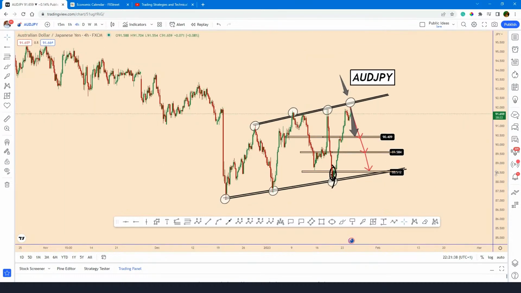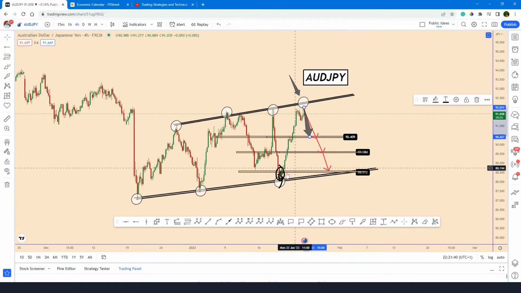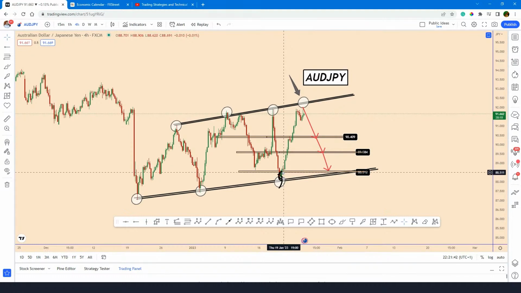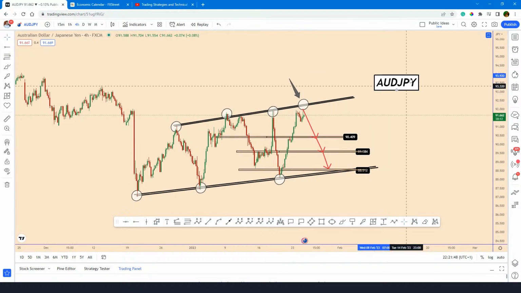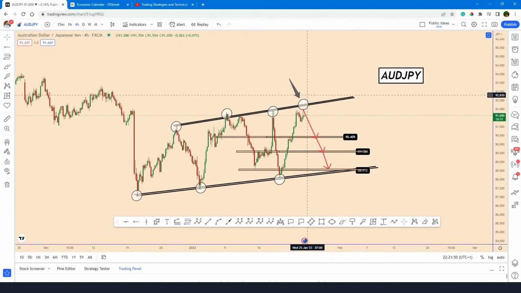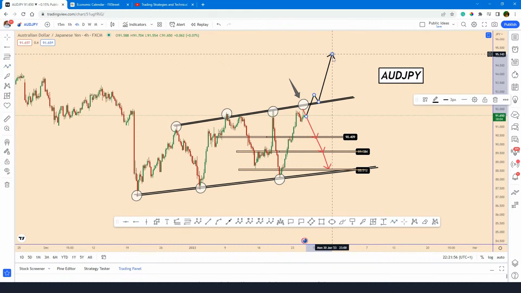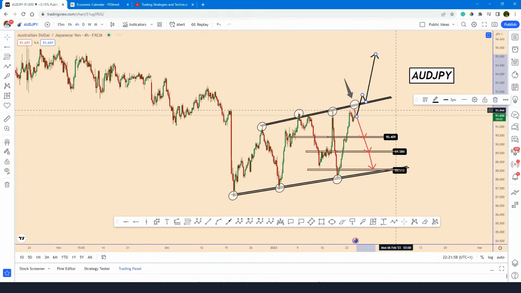What can also happen, if consumer price index is going to come higher than expected and the price may anticipate the bullish move from the Bank of Australia, then the price may jump above and it can continue to grow more against yen.